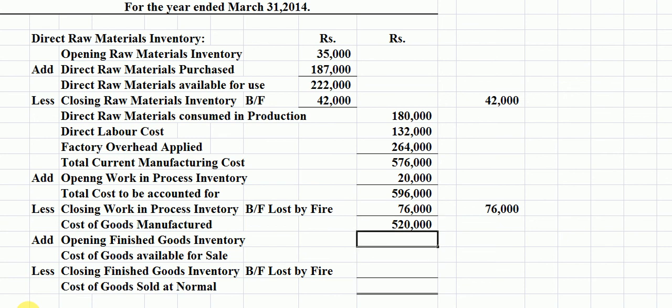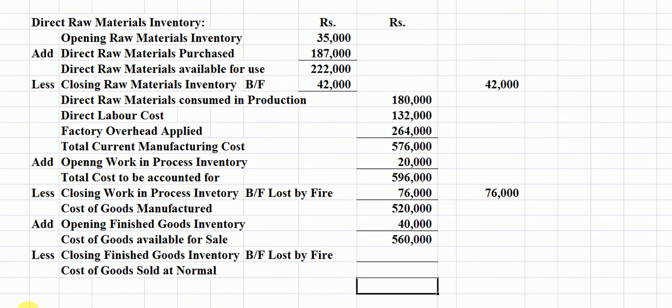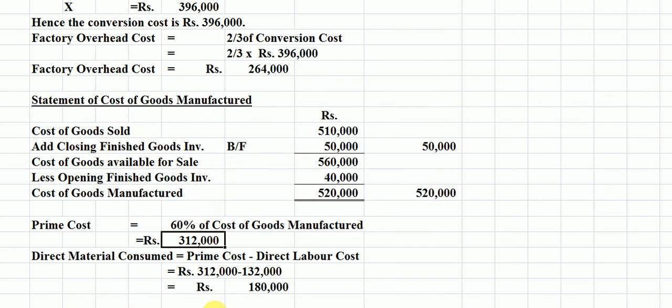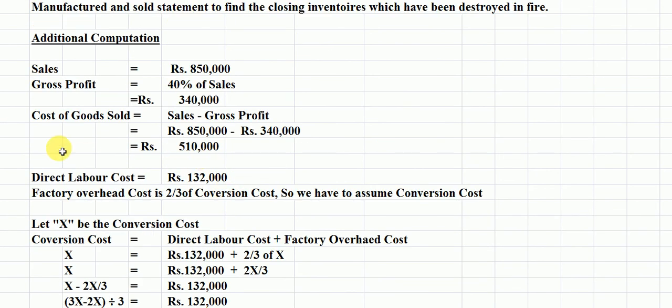Now opening finished goods inventory is given as 40,000 rupees. Now we add both the values. This is 5,60,000 rupees, the cost of goods available for sale. Now students, we deduct the cost of goods sold, which is 5,10,000 rupees.